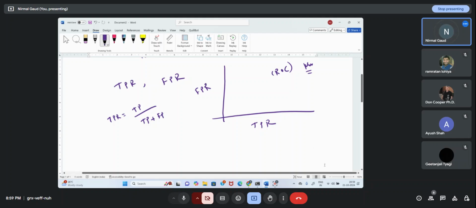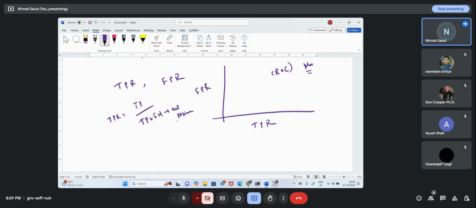If we write this for the true positive rate, then I think we have to change the formula, and it will be TP upon TP plus FN, because I need to talk about all positives.